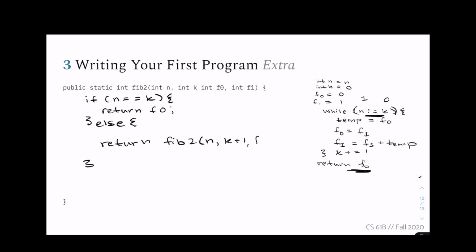So for f0, we're going to pass in just f1 straight up. And then for f1, we're going to pass in the sum of f0 plus f1. And if you look closely, you can see that this recursive algorithm is doing the exact same thing as that iterative algorithm. Now we have a much more compact and efficient way of calculating the nth Fibonacci number.